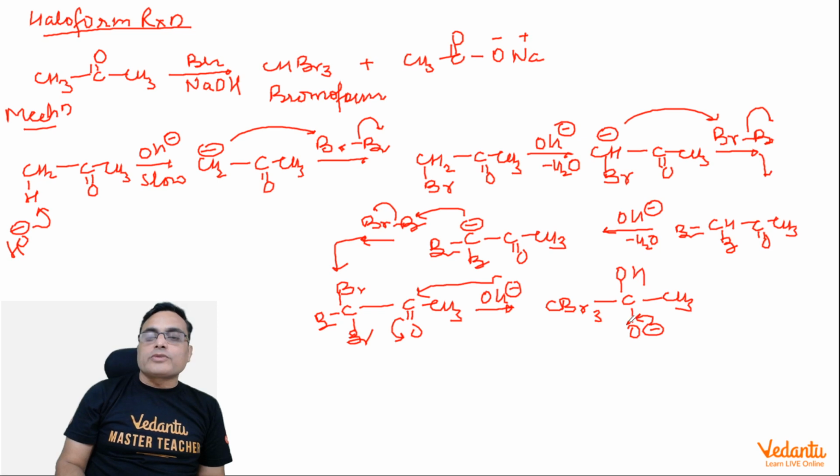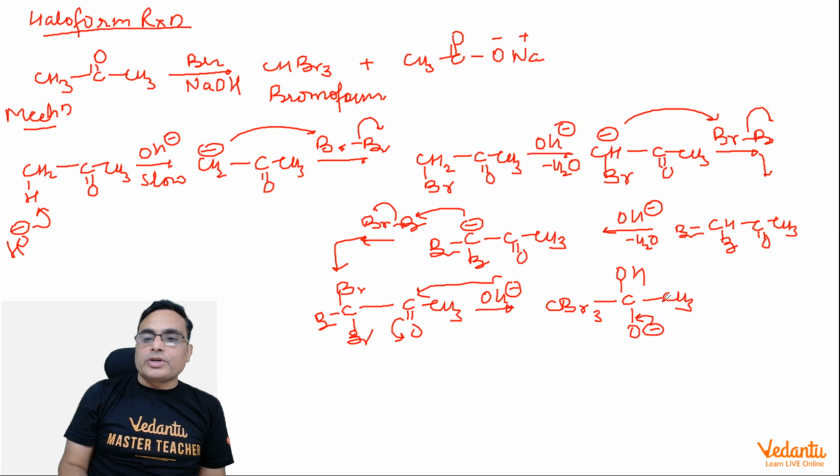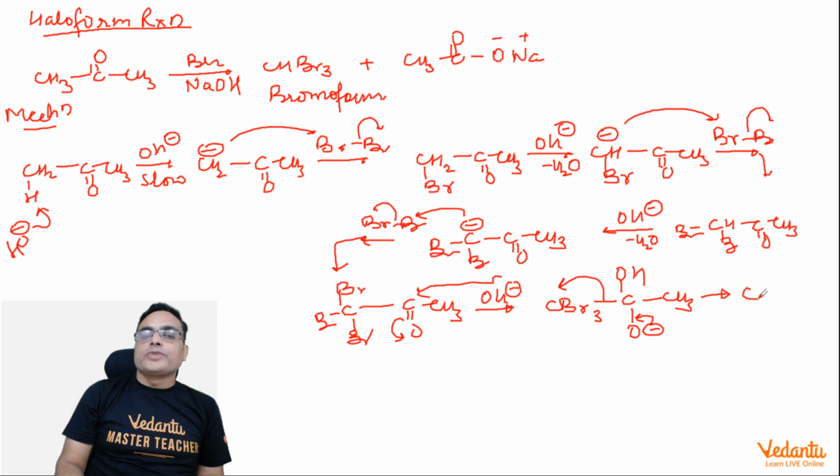When it comes back for double bond formation, then either CH3 will go out or CBr3 minus will go out. Both are carbanions. Carbanions are not good leaving groups, but if you have to compare the leaving ability of these two, then CBr3 minus is a better leaving group than CH3 minus. So this is CBr3 minus, plus you see C double bond O, OH and CH3.